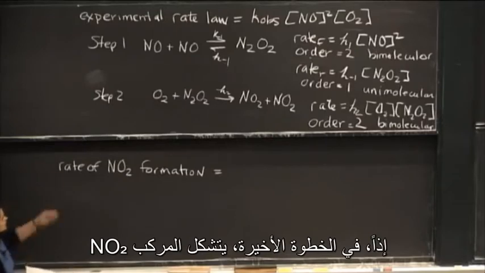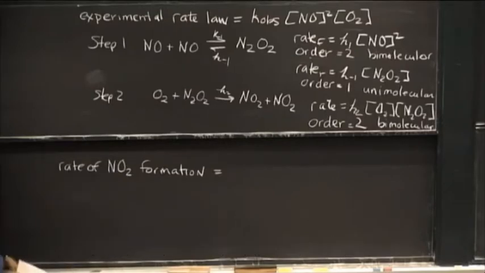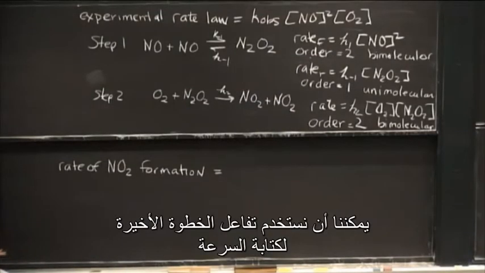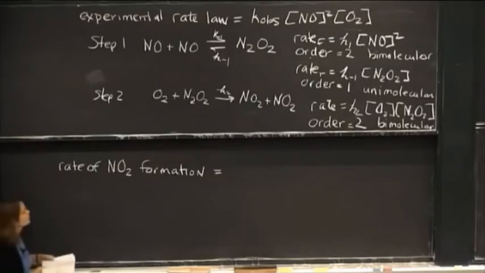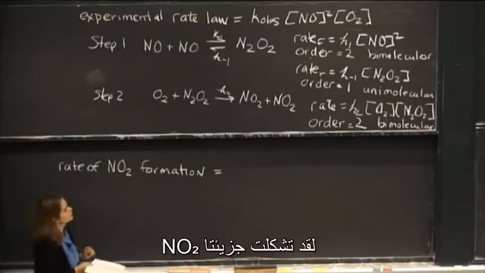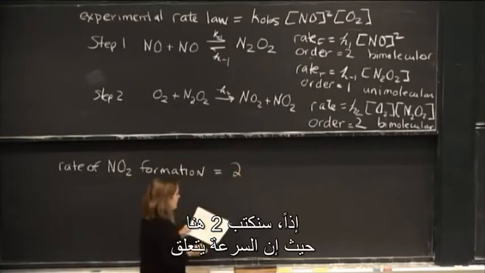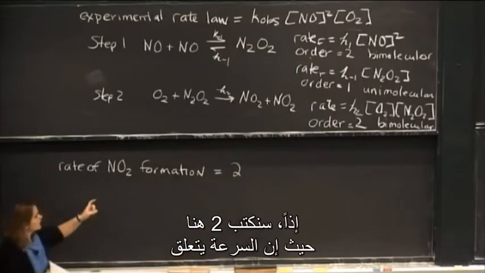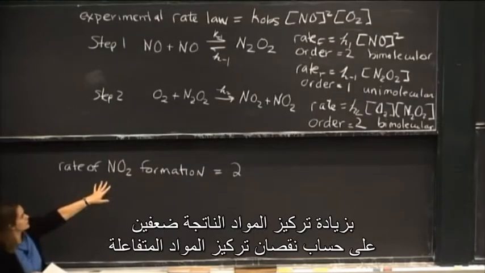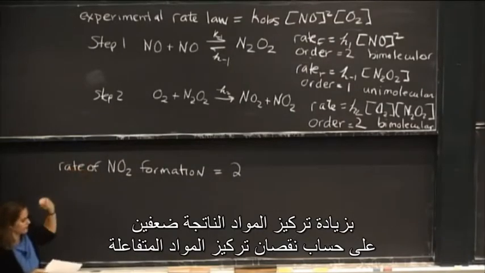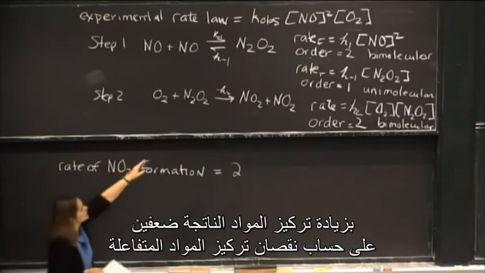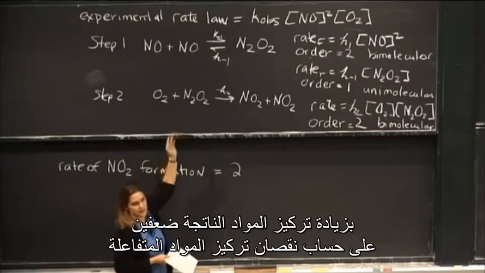So in the last step, we're forming NO2, and we can just use that last step to write this out. We're forming 2 molecules of NO2. So we're going to put a 2 in there because the concentration of NO2 will increase twice as much as this amount will decrease.